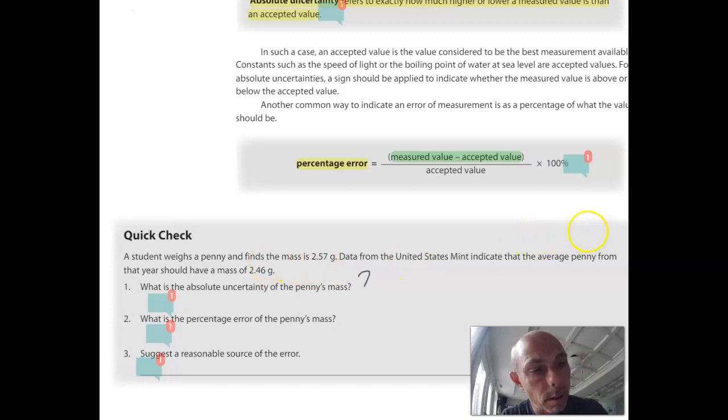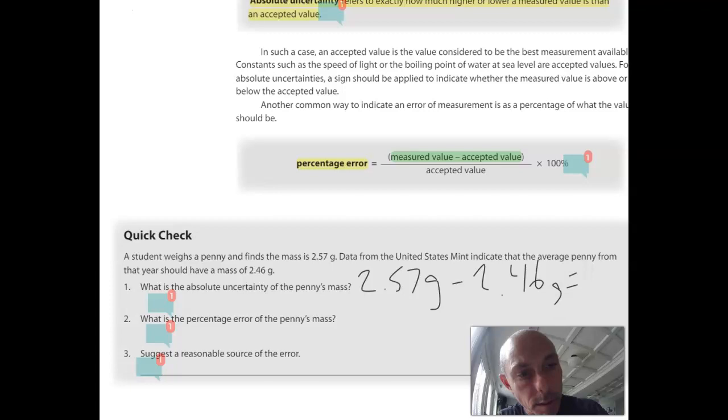We're going to go 2.57 grams. Always be in the habit of putting units in your work, in your solutions, minus 2.46 grams is 0.11 grams. So that's the absolute uncertainty, and it's positive because the measured value is greater than the accepted value.